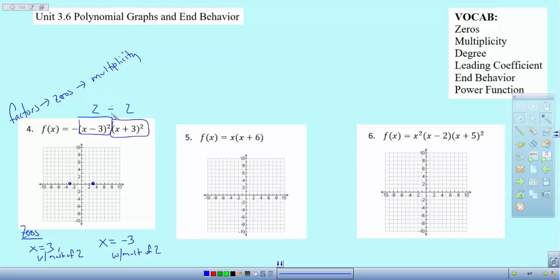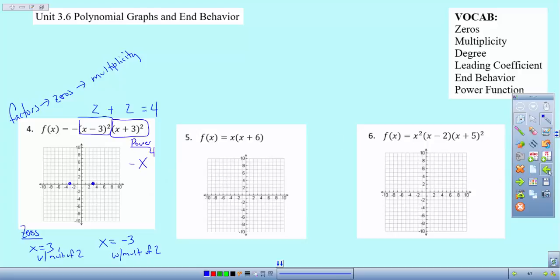If we add our exponents together, that means we have x to the 4th. And so that means that the actual degree of this function would be an x to the 4th function if I thought about my power function. Now if you look out in the front of this guy, you'll notice there's a negative sign. So therefore that means that there would be a negative out in front. So that's my power function.